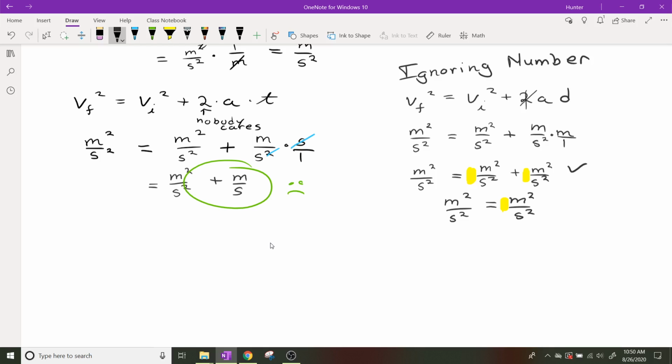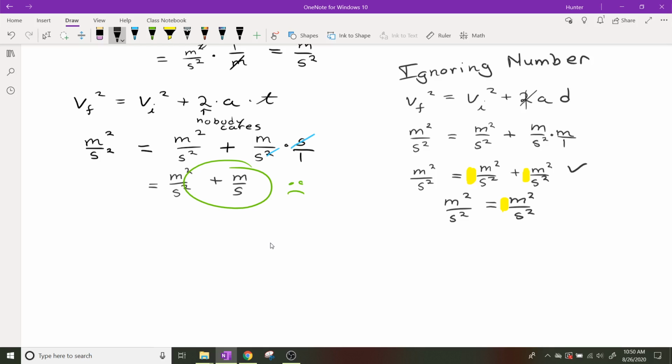This is why people hate dimensional analysis, because I'm ignoring the numbers. I'm just interested in the units that are there, getting down to the meters and the seconds and the kilograms, kms. I'm worried about the units right now, and what'll happen later on is that the numbers will actually be equal to each other. So if it says 15, we don't solve equations to say that 15 equals 15.